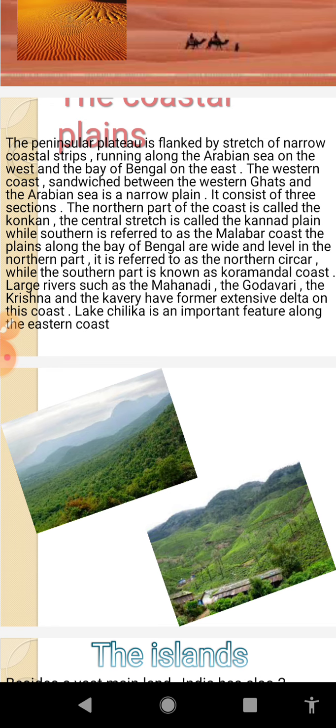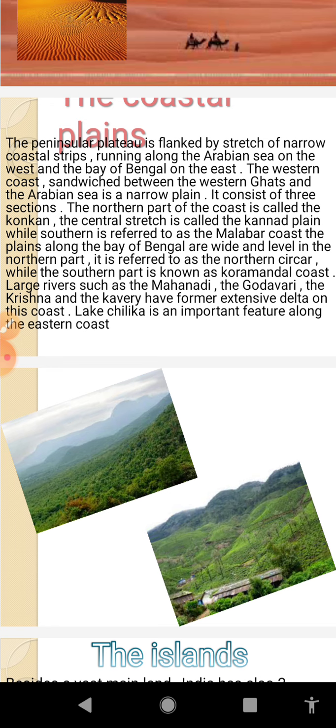After that, we will discuss the Eastern Coastal Plain. It is running along the Bay of Bengal, and it has been divided into two sections only. The northern part is known as the Northern Circars, and the southern part is known as the Coromandel Coast.